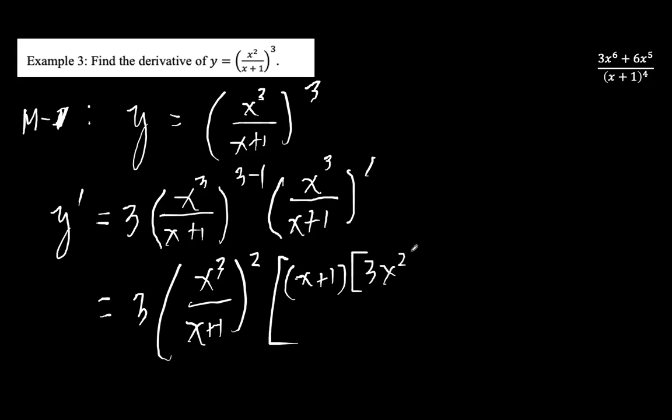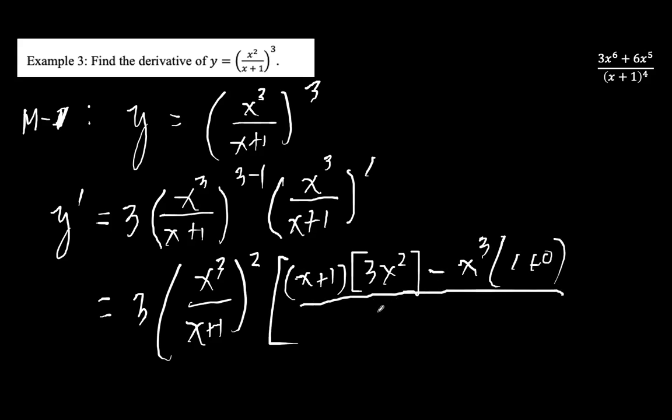So let's do it directly. Minus the high times d-low. So copy the numerator and differentiate the denominator, that's 1 plus 0, all over low squared, or the square of the denominator. Here we go. So this is now our direct way of solving this.